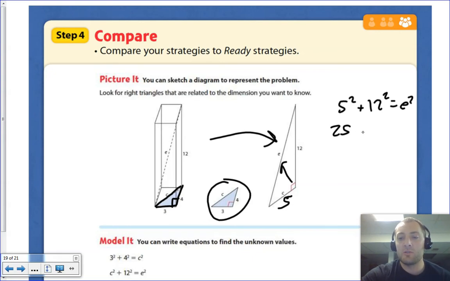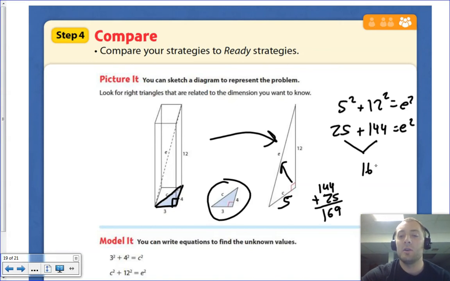25, I know 5 squared is 25. 12 squared, or 12 times 12, is 144. 144 plus 25. Maybe you got that already faster than me. That's fine. 169.